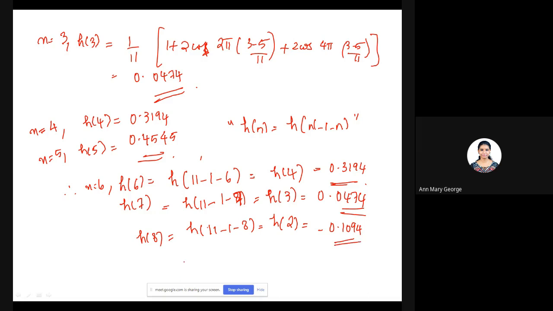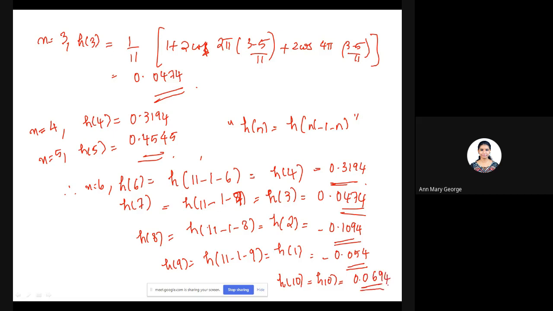And h of 9 will be equal to h of 11 minus 1 minus 9, which will be equal to h of 1, that will be minus 0.054. Finally, h of 10 will be equal to h of 0, that is 0.0694.